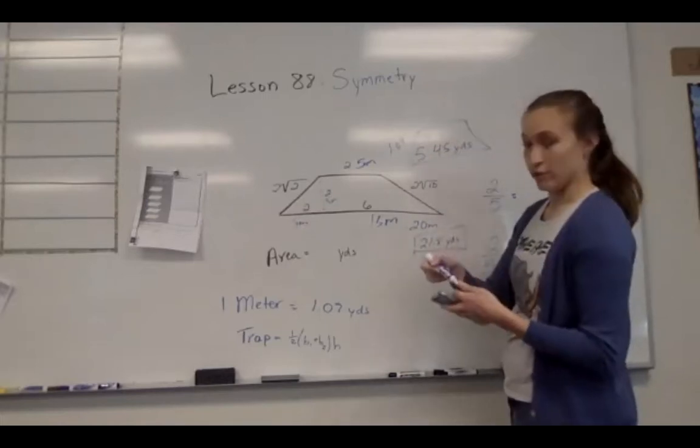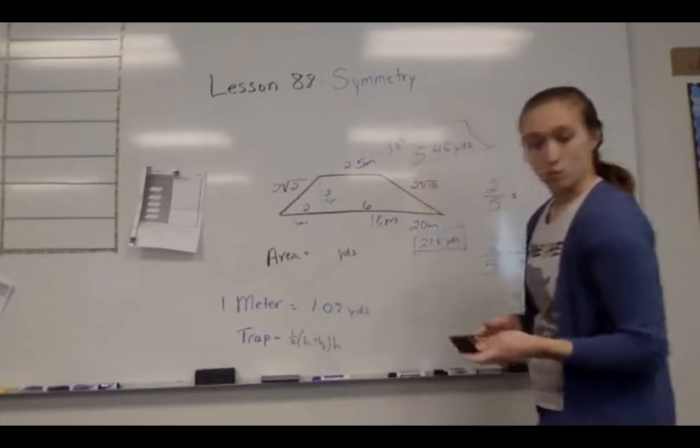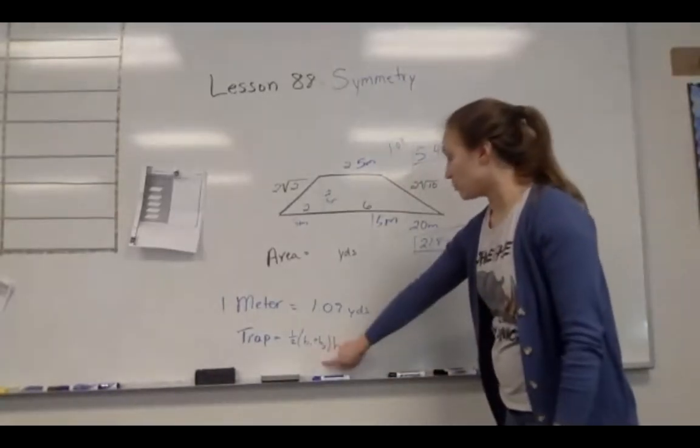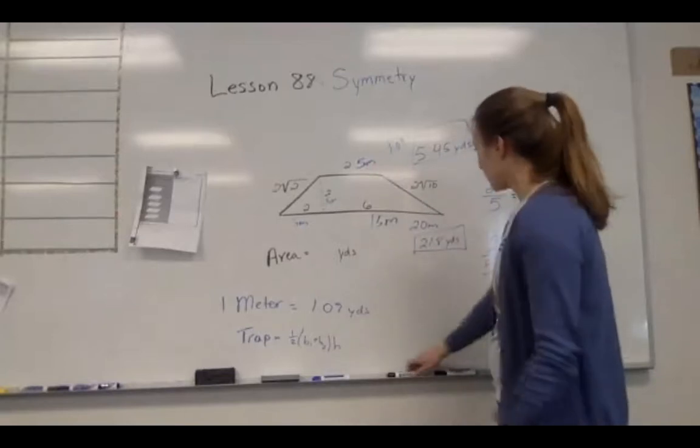Now I can finish my problem. Again, 1/2 of my base 1 plus base 2, which is the top and the bottom, times my height. I used a different color so that we can see.